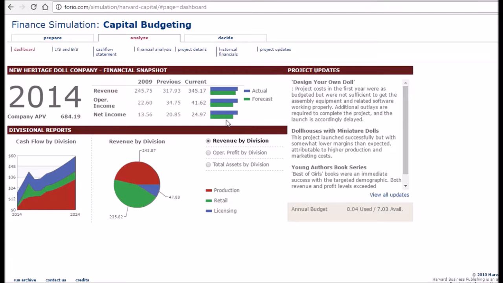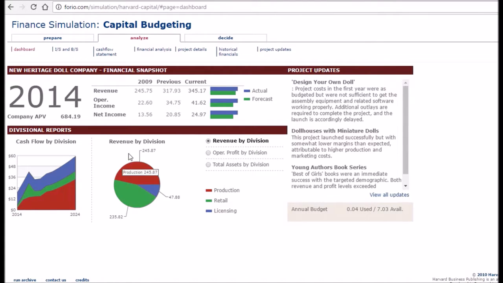So then I took a look at the divisional reports, which are down here. You can look at the cash flow by division, and the blue represents licensing, green is retail, and red is production.